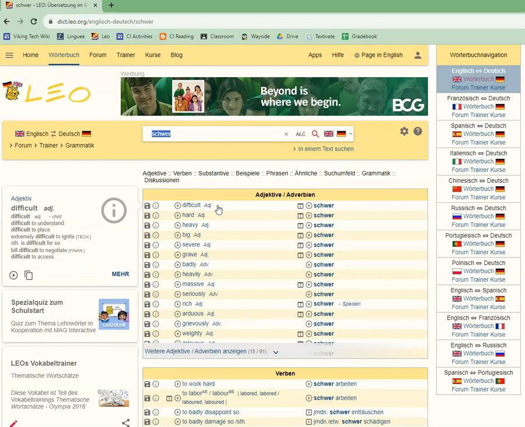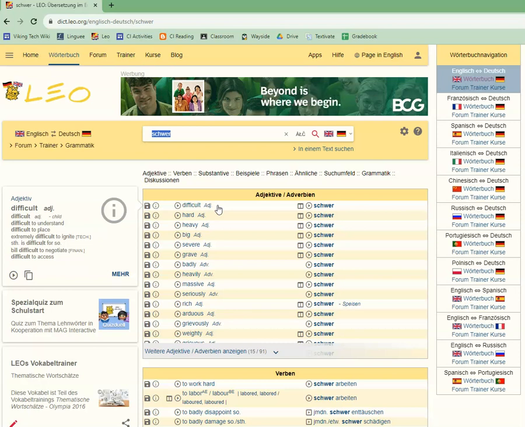Difficult, hard, heavy, big, severe, grave, badly, heavily, massive. Okay, so the word schwer doesn't necessarily have an English word that has all of the exact same meanings as the German word does. However, when I look at this list of English meanings, I can get a sense of what the word schwer means. It has something to do with being big, heavy, difficult.